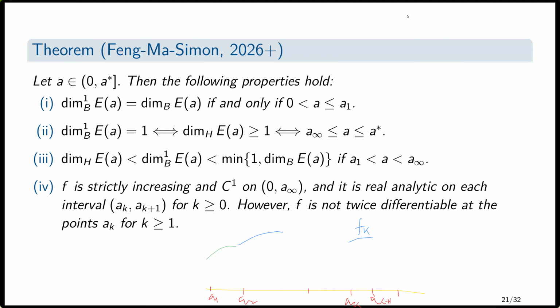And that is why it has infinitely many phase transitions. That is why it appears in our title. It is called second order phase transition, since it is not twice differentiable, but it is C1. And so that is the main result.